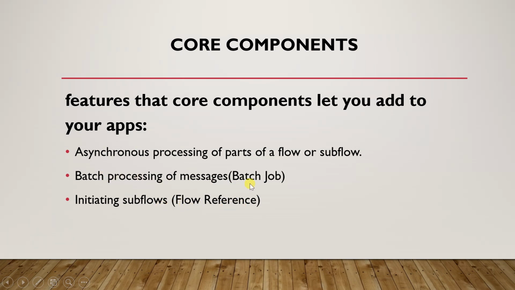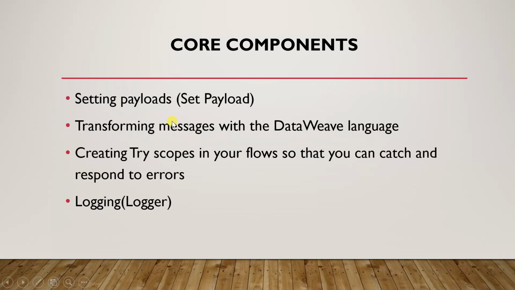For batch processing, we use the batch job component, and we can set the payload using the set payload component. We can transform messages using DataWeave language into another format by using the transform message component. We can perform error handling by using the try scope. We can perform logging by using the logger component. So these are some of the functionalities that we can achieve by using the core components.